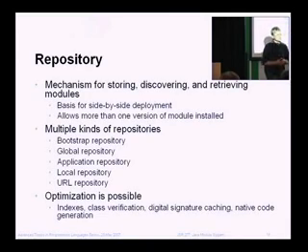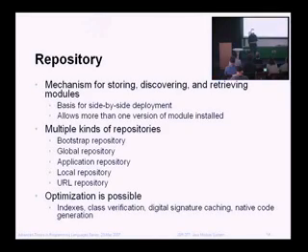The last two kinds you can see on my slide, the local and URL repositories, are a little bit different from the previous ones in the sense that they make it easier to share and deploy modules. In the local repository, you can basically drop a module file into some chosen directory. It's called the module interchange directory, and it will just be picked up from there.